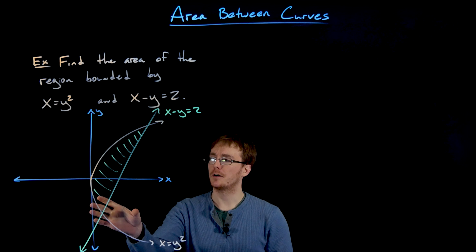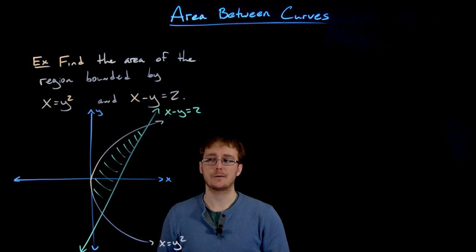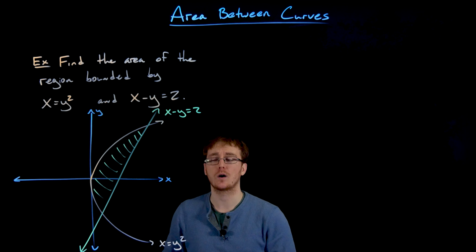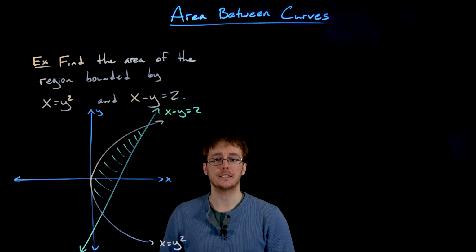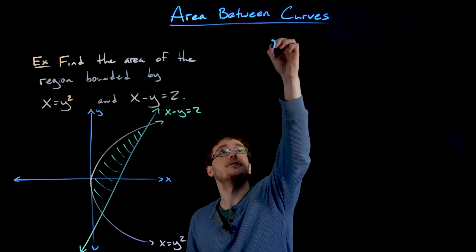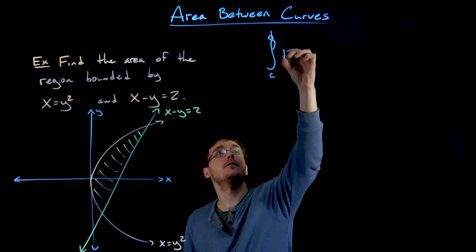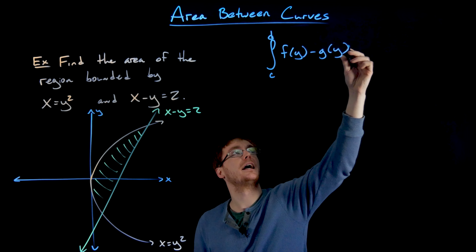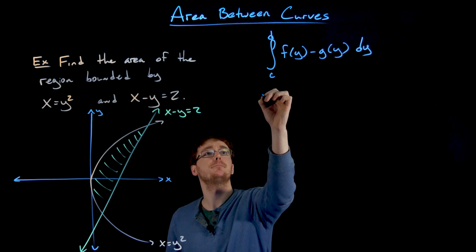And with the picture we have drawn here, I think we can see and agree that our region is going to be most easily described with a curve on the right, our green curve given by our straight line, x minus y equals 2, and our curve on the left, which is given by x equals y squared. So we are going to be using our definite integral formula, the integral from c to d, curve on the right, which we'll call f of y, minus the curve on the left, which we'll denote as g of y, and we're going to integrate with respect to y here.